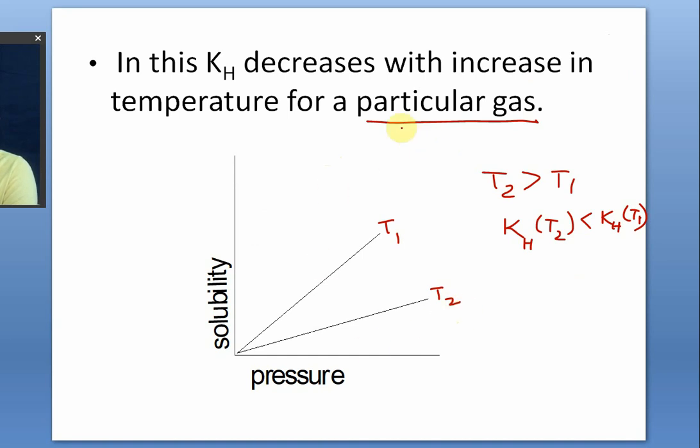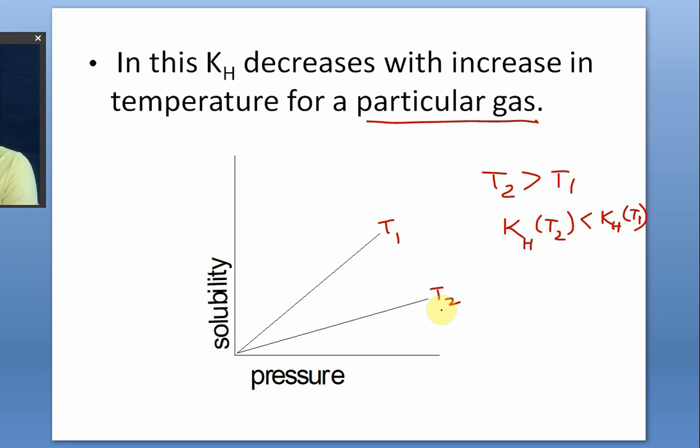Because supposing you take a particular gas, say oxygen or nitrogen, and plot solubility on the y coordinate and pressure on the x coordinate, you will find at a higher temperature the slope will be less. Because the less the slope, the less the kH, the less the solubility. So with more temperature, the solubility has to decrease.